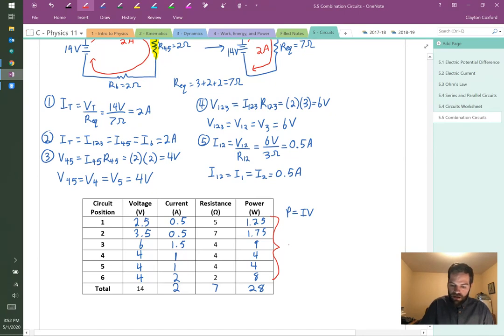We should get 1.25 plus 1.75 plus 9 plus 4 plus 4 plus 8, which is 28 watts. The power supplied equals the power consumed. So that means we've done everything correctly.